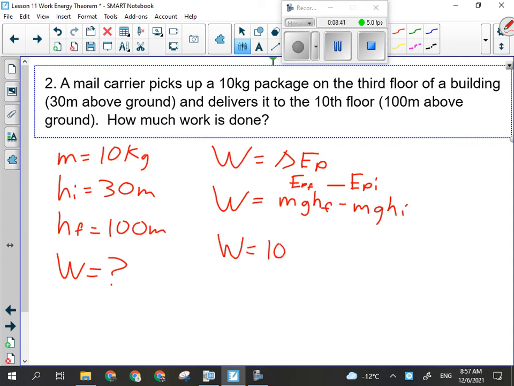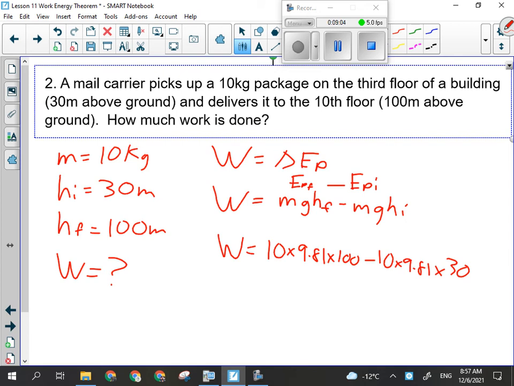So we'll have our 10 kilograms times g, which is 9.81, times our final height, 100, minus 10 times 9.81 times 30. Now, if you're a really sharp math student, you may have noticed a shortcut. What would the shortcut be? Just times 130.